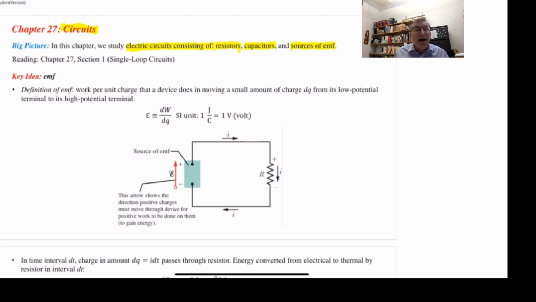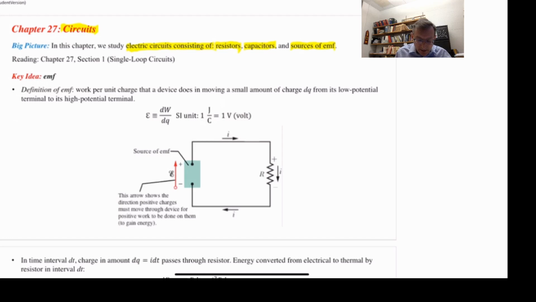Generally speaking, that's a battery, or a solar cell, or a power supply, like we use in lab. But that source of energy is called, as we will learn, a source of EMF.